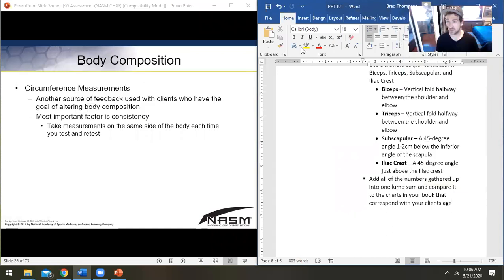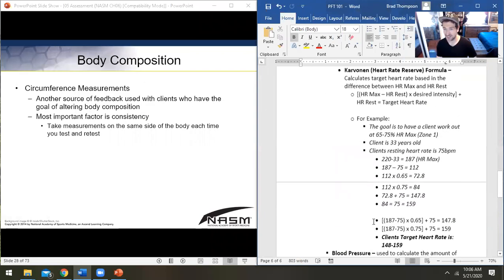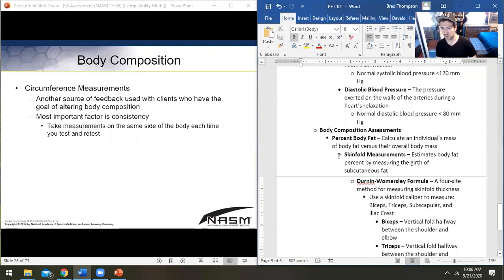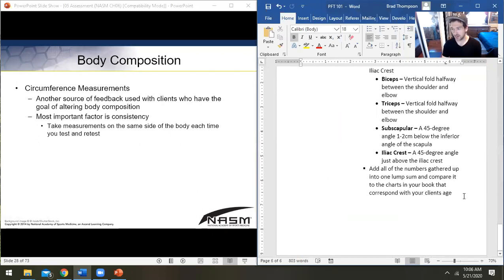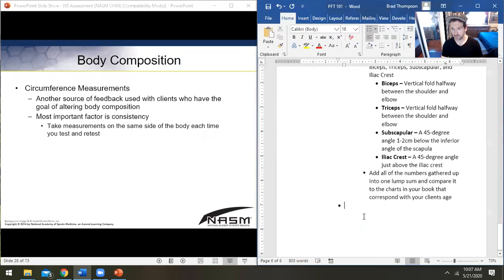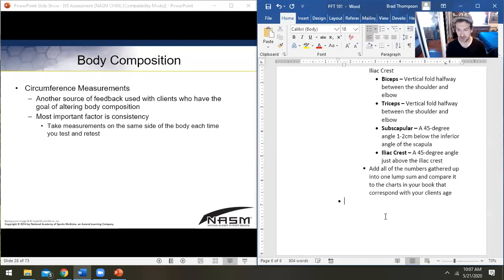Now, I've got to address the other two methods just really quick by definition. So that is your skin fold measurement. The next one you're going to see is also bioelectric impedance.